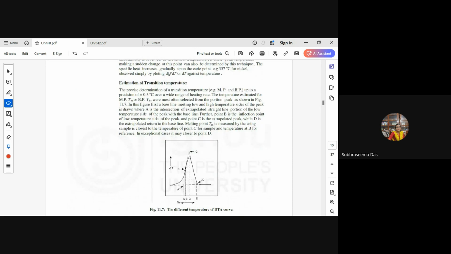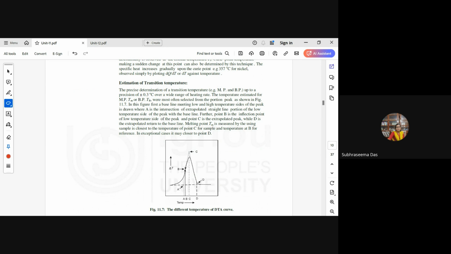Then comes the estimation of transition temperature. The determination of transition temperature with a precision of almost 0.3 degrees centigrade can be made from a DTA curve. The temperature estimated, that is MP, melting point or boiling point, has most often been selected from the particular peak, and then we extrapolate the data from there.